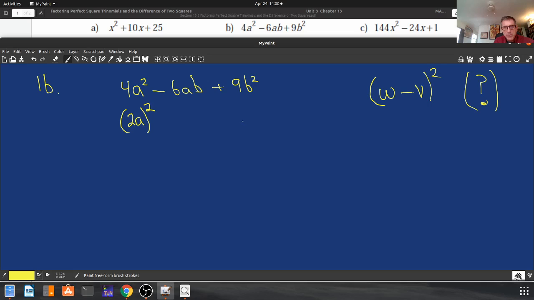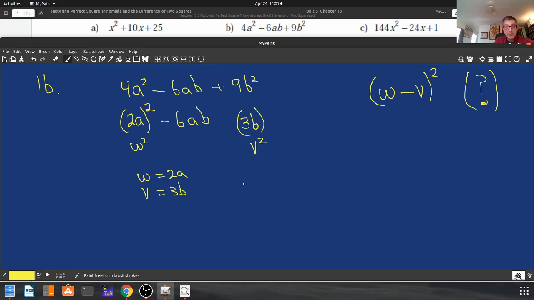Well, the square root of 9 is 3, and the square root of b squared is b, minus 6ab. So now I want to see if I let my 2a be my w squared and my 3b be my v squared. That means w is equal to 2a and v is equal to 3b.